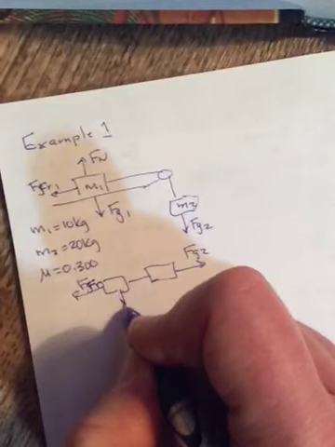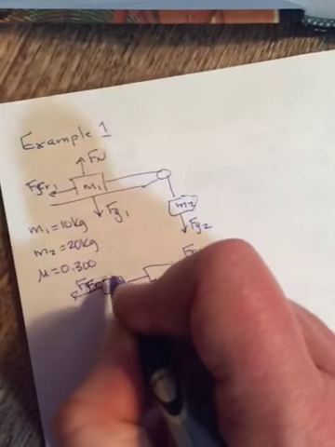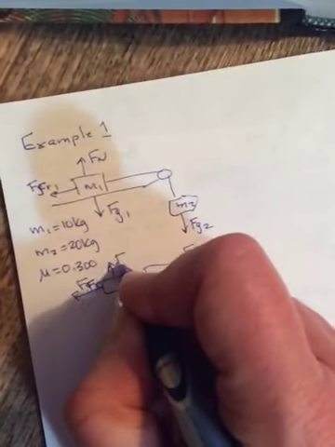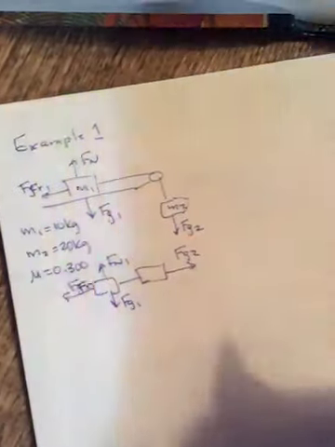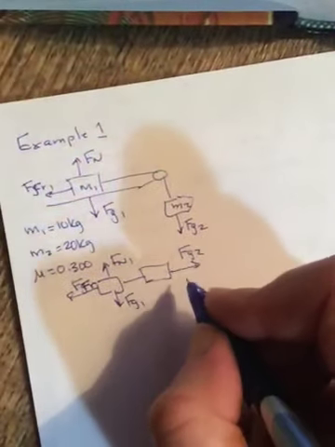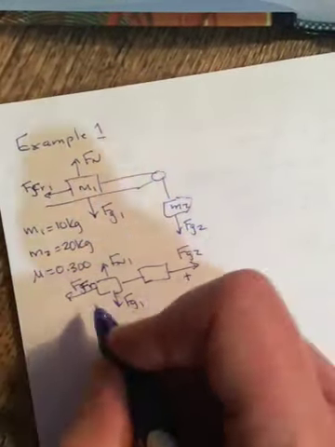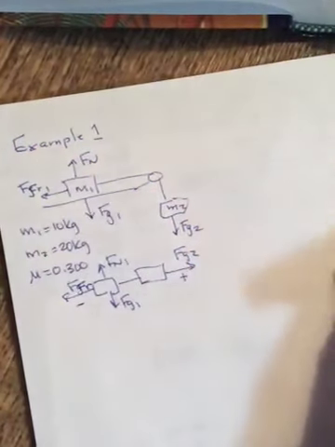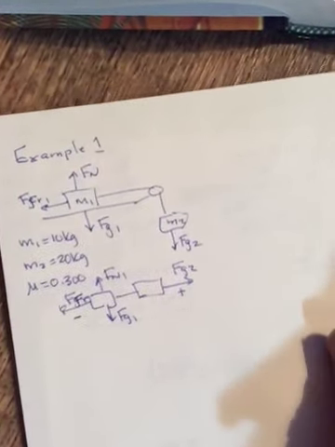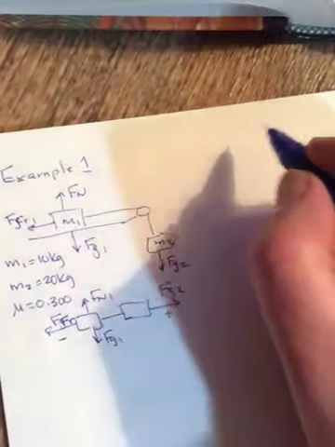Okay? And FG1 this time becomes important only in the sense of finding the Fn1 for friction. Obviously, the system is going to move in the direction of Fg2. Friction will never make it move. It'll just try to prevent it from moving.